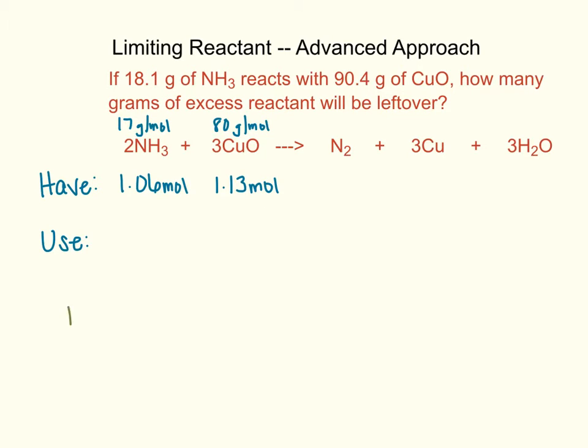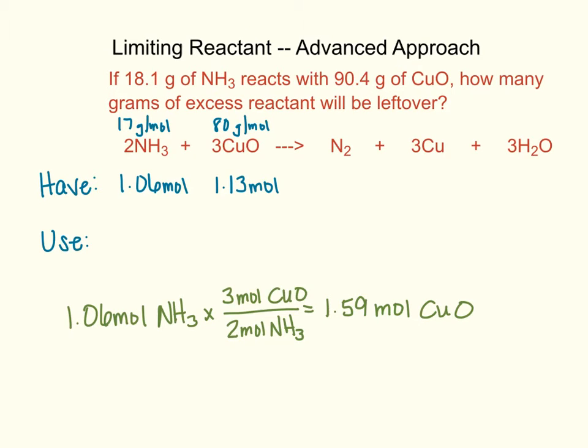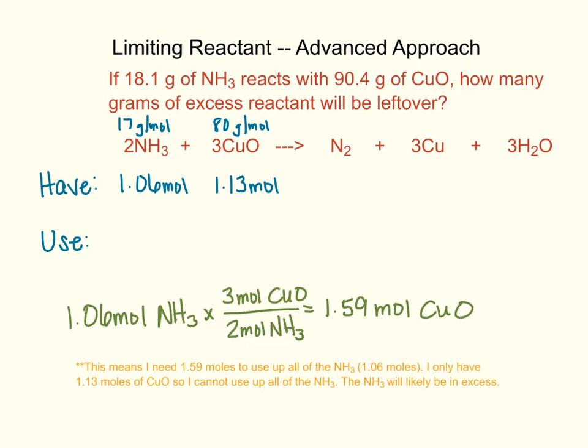So if I have 1.06 moles of NH3, I want to know how much CuO I need to react with all of my 1.06 moles of NH3. So I'm going to use my mole ratio step to determine that if I have 1.06 moles of NH3, I actually need 1.59 moles of CuO to completely use up my NH3.